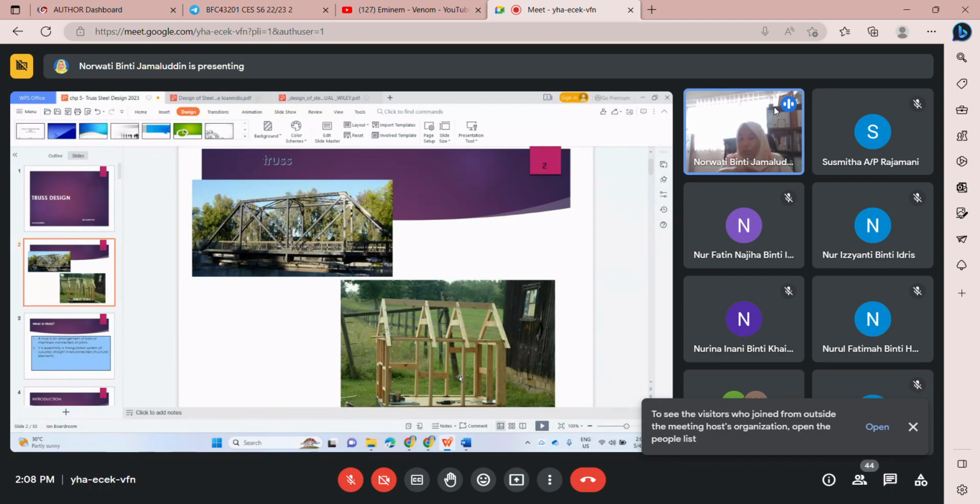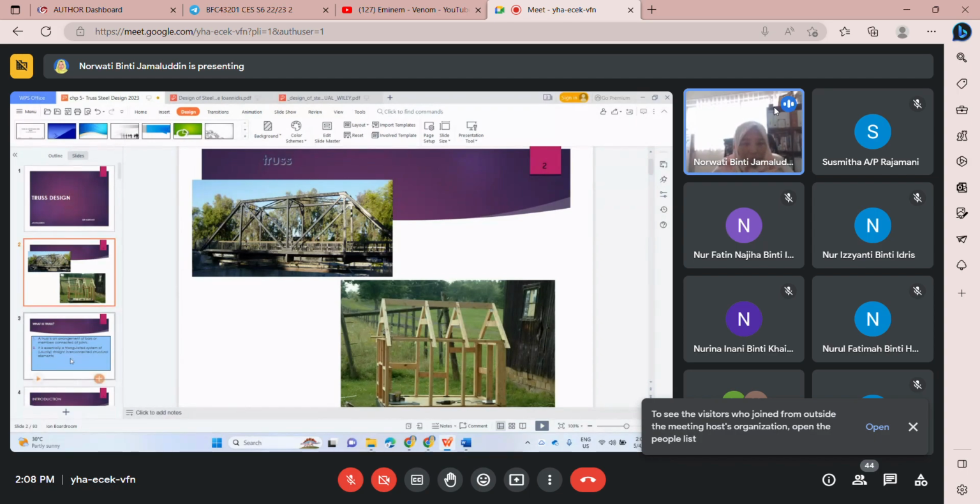You can see it at the side of the bridges. Normally the pipe will be supported by a long pipe, but using a truss system.